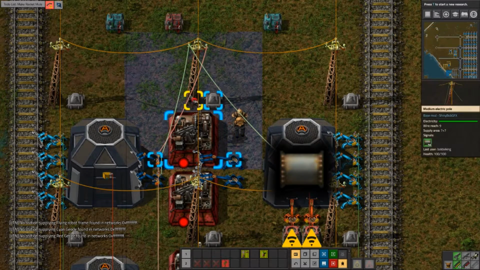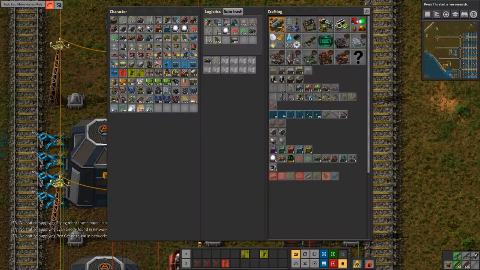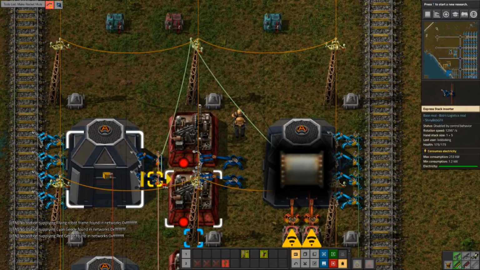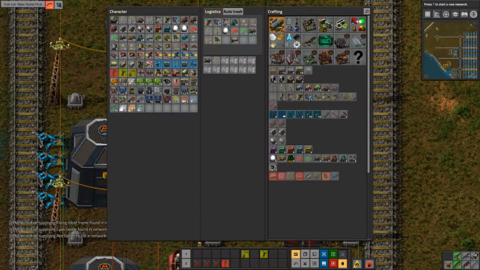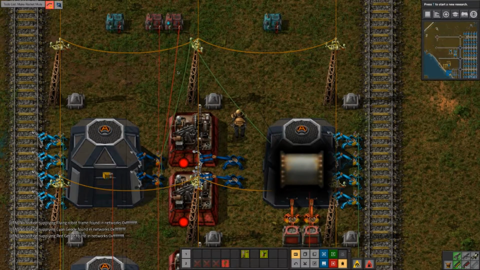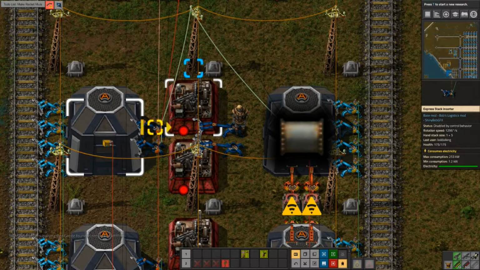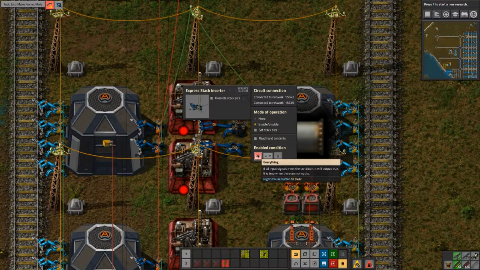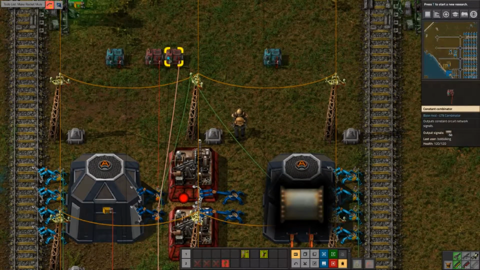So, unhook you, unhook you. Unhook these. Place another one of these. So you're hooked up to the first and you're hooked up to the second, for example. And then set to everything.